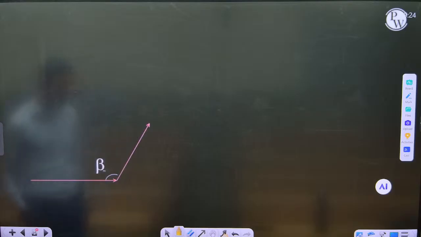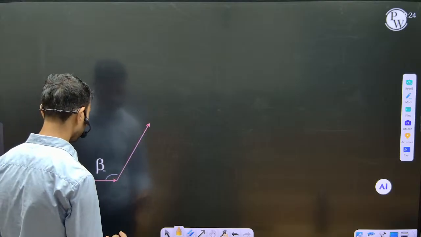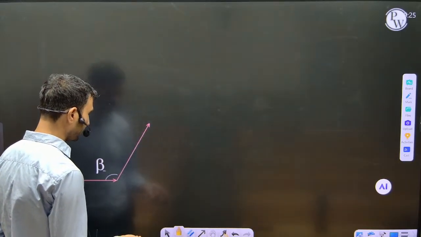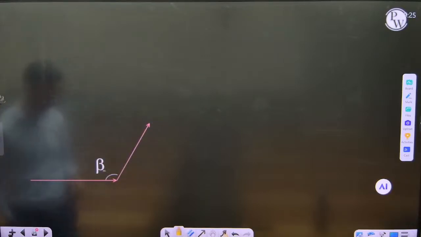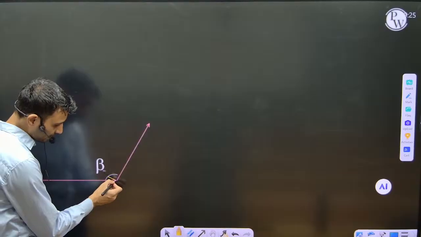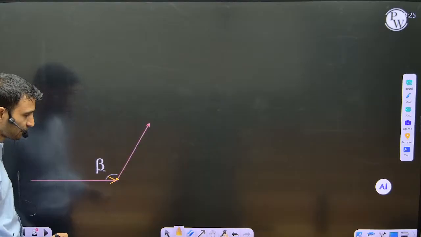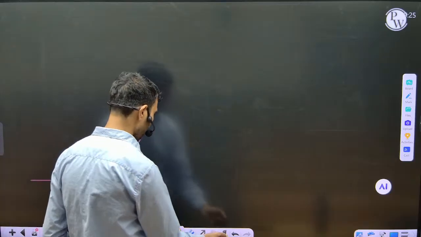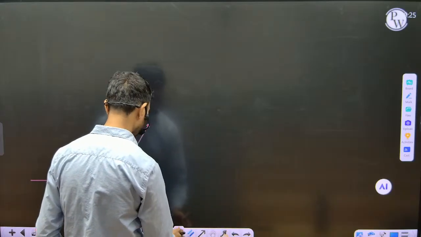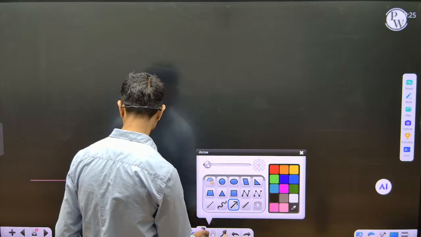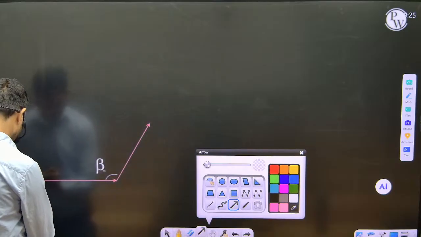We have to bring the heads and tails, sorry, tails and tails together. Right now, what is the problem? You will see the problem is there is this head and there is this tail. Head and tail are together, so we can't find our angle. So I have to parallelly shift one of the vectors. And which vector will shift? Let's see.